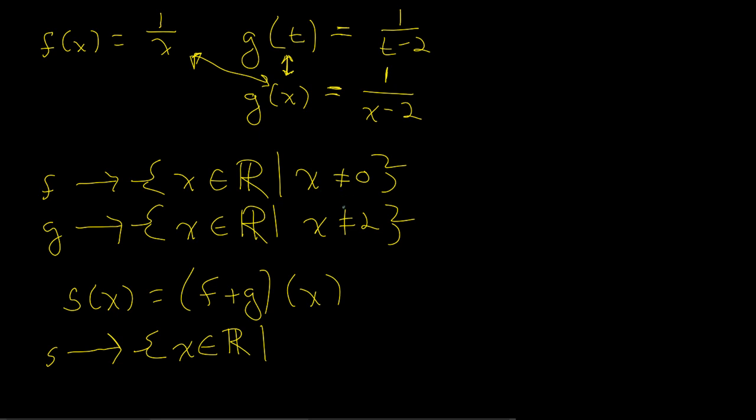But it can't be 0, because that would make the f part undefined, right? And it can't be 2. And so it ends up with both domain restrictions. So the domain restrictions propagate through the functions.